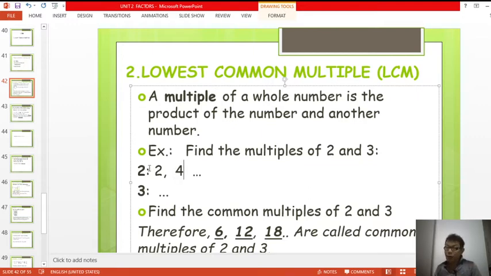That's how you do the listing using its multiples. Then we have 2 times 3 is 6. Then 2 times 4 is 8. 2 times 5 is 10. 2 times 6 is 12.